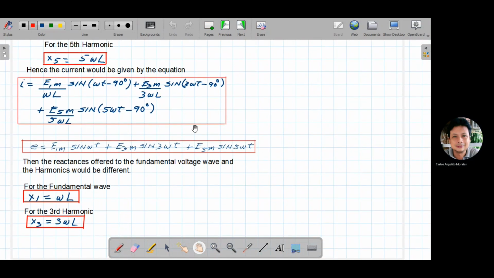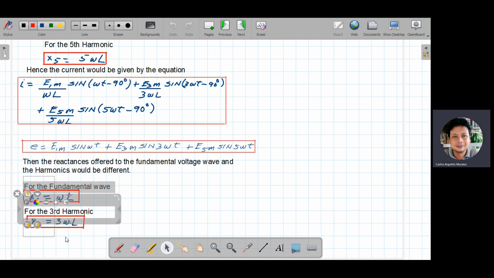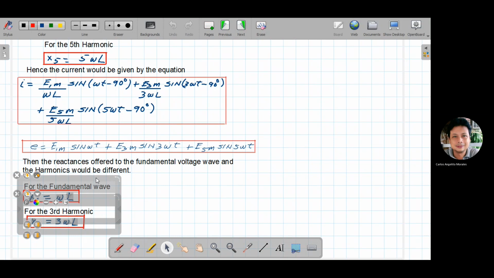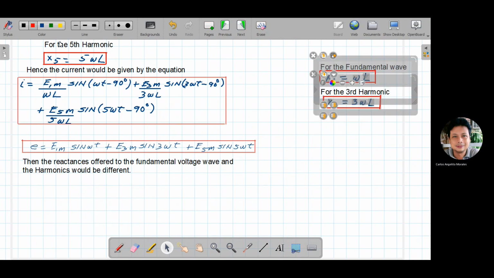ito, no? Teka, nakahiwalay siya eh. Ito dapat na nasa taas. Ayusin ko lang. Ito dito.